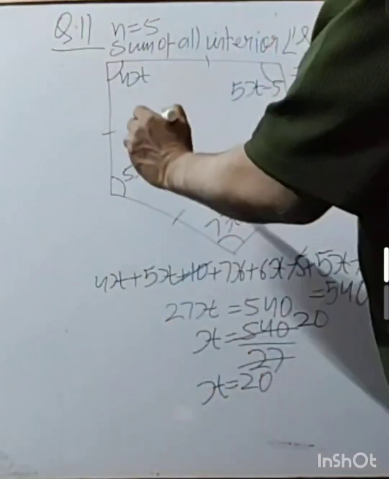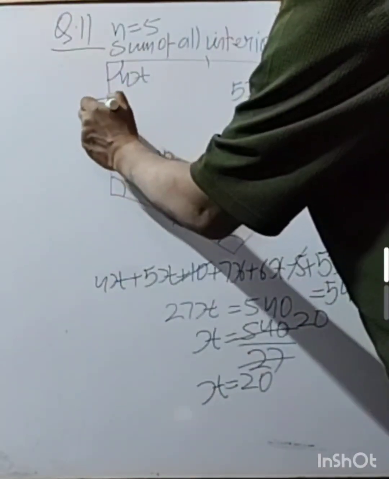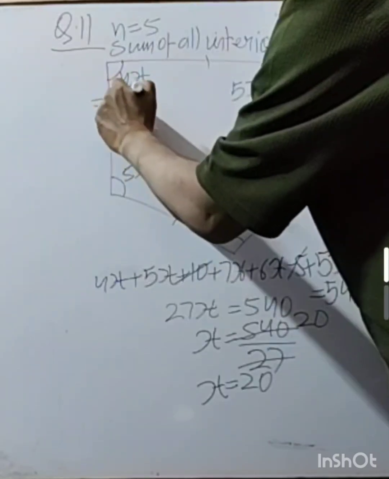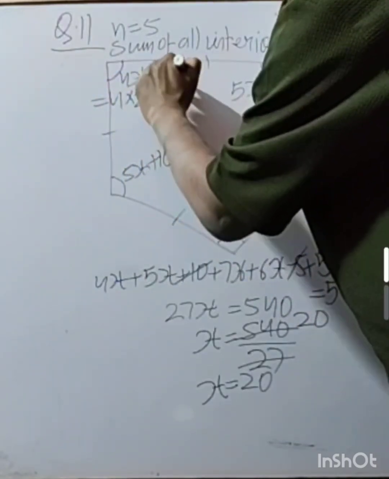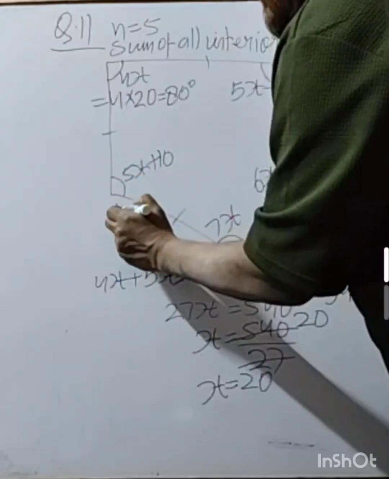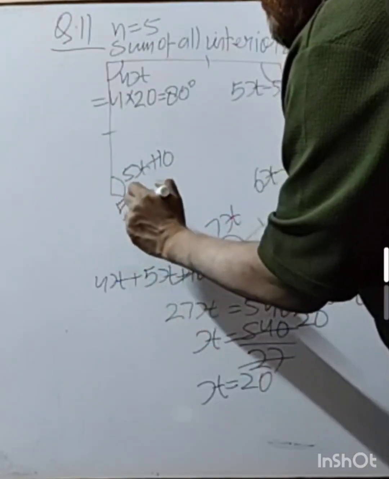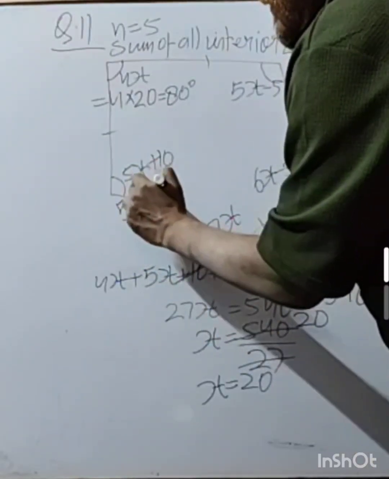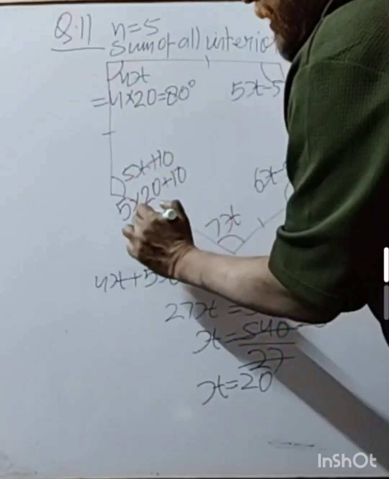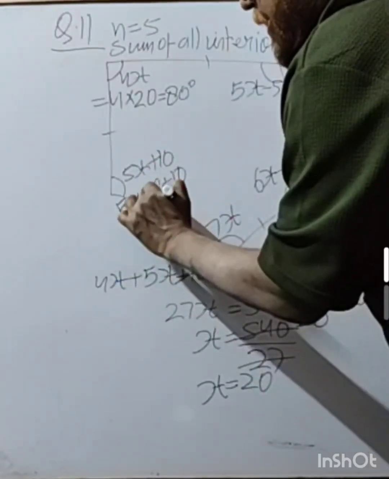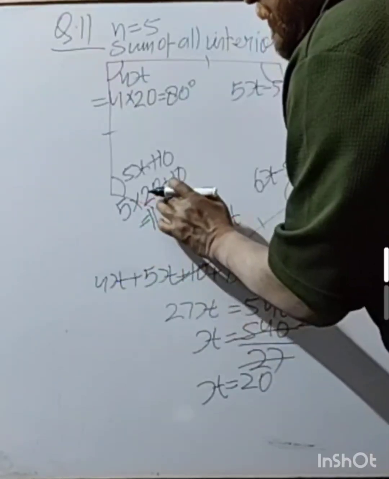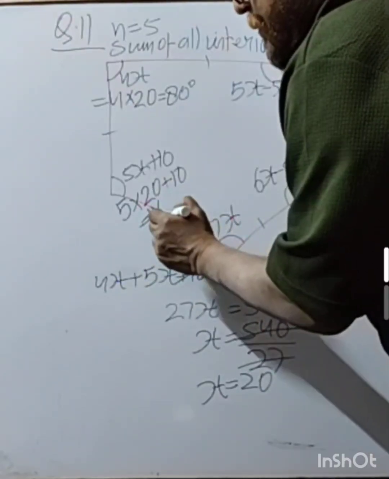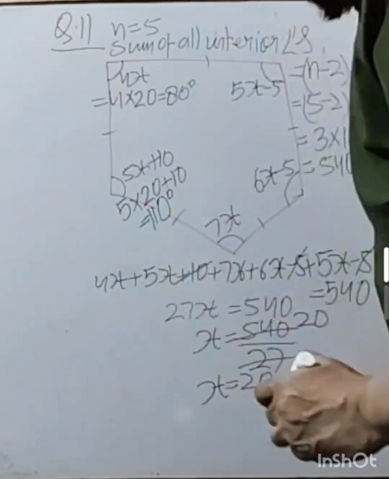So this angle will be 4 into 20 is equal to 80 degrees. This is 5 into 20 plus 10 becomes 110 degrees, right?